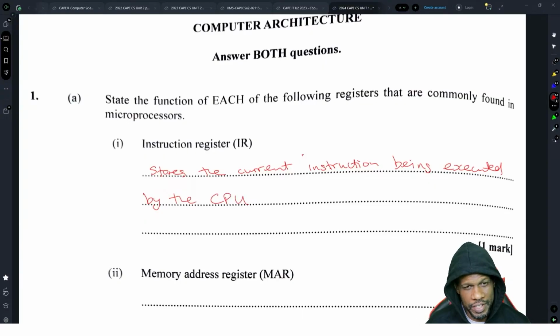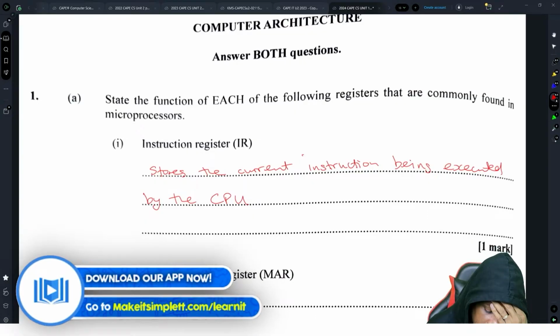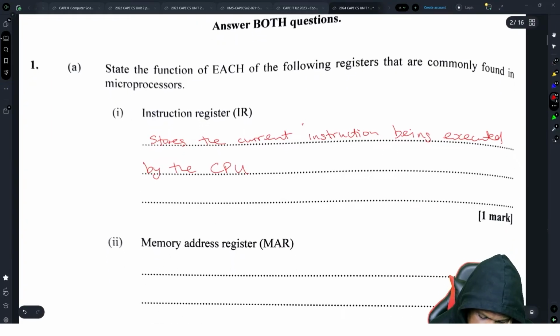Usually when they have a definition question, most children have a little problem because there is no actual textbook way to look at that. So I guess it will store the current instruction being executed by the CPU. Currently being run. Currently is the word.